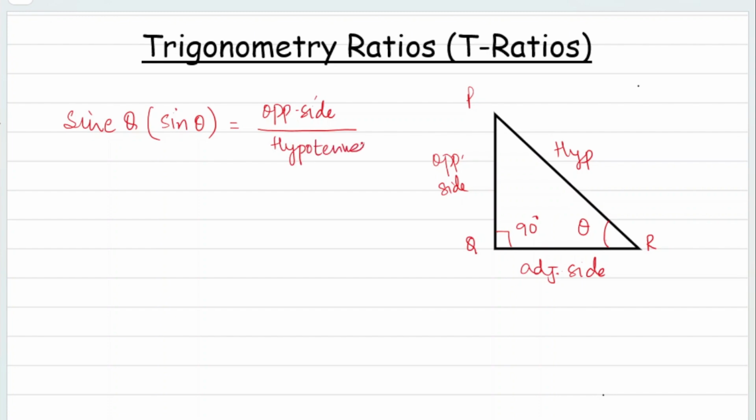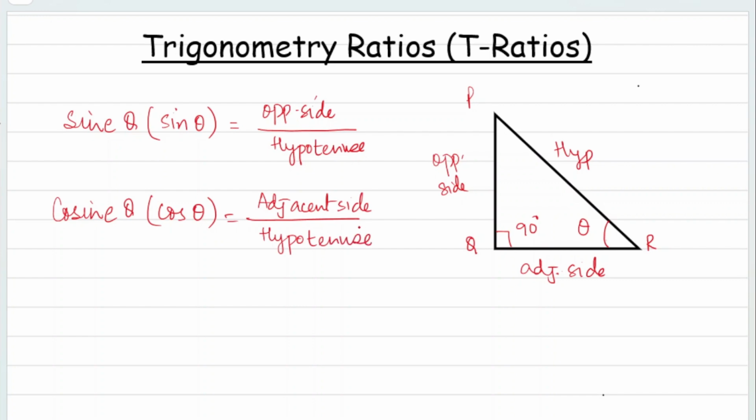All right. My next trigonometric ratio is cosine of the angle theta. In short, it is written as cos theta, and cos theta is the ratio of the adjacent side to the hypotenuse. And my third main primary trigonometric ratio is tangent of theta.